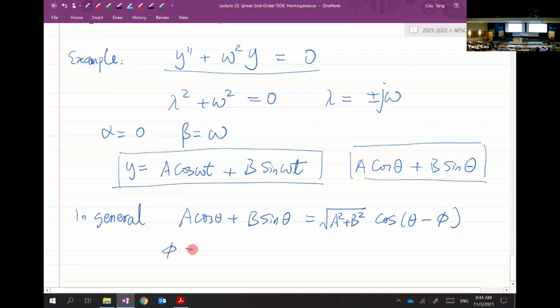And the phi here is tan inverse of b over a. The phi is between negative pi and pi.